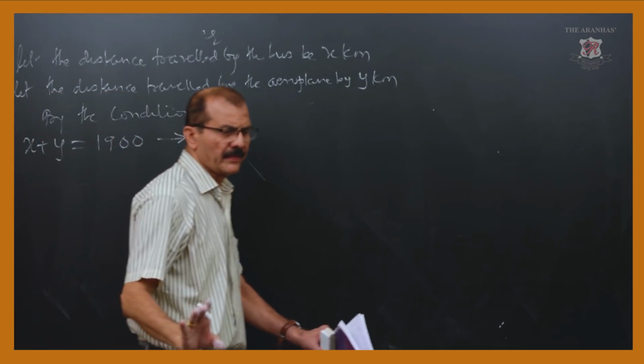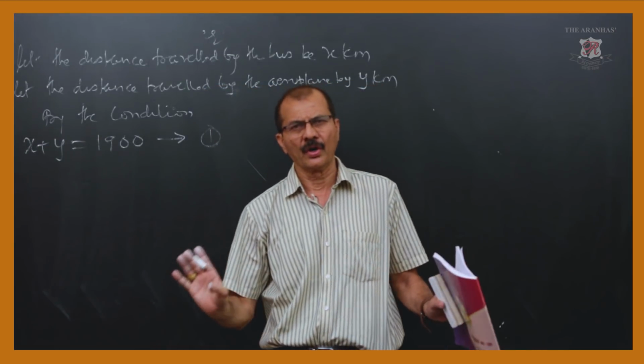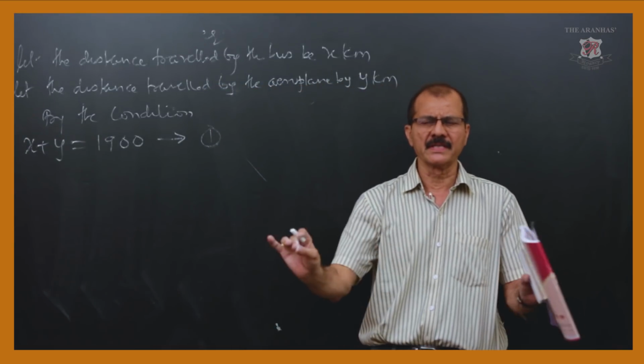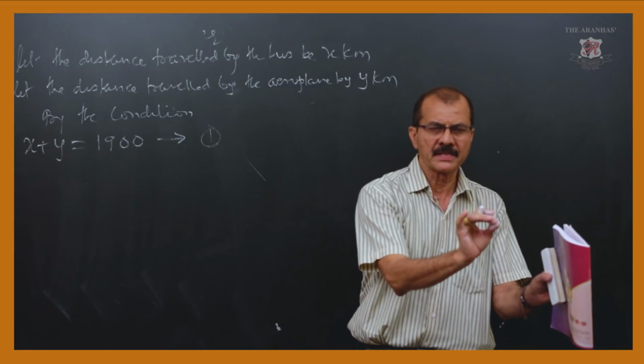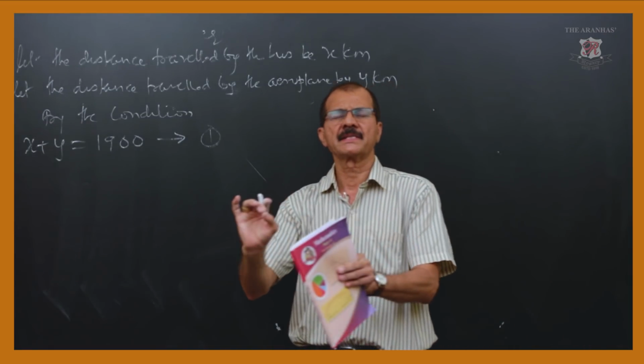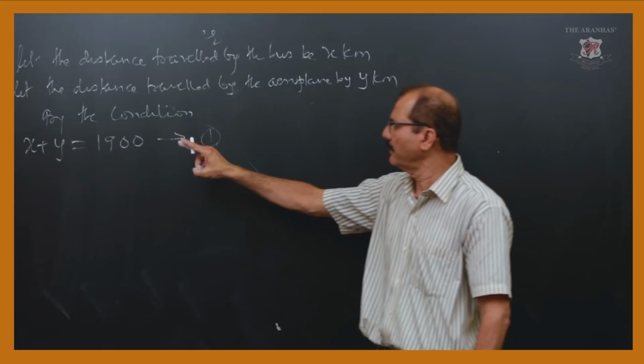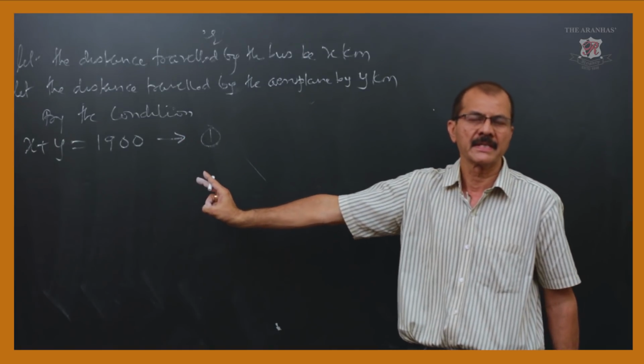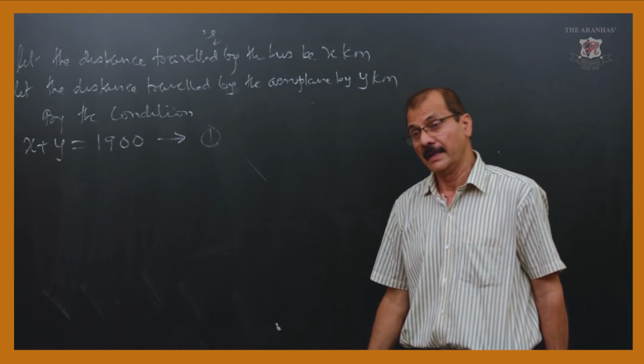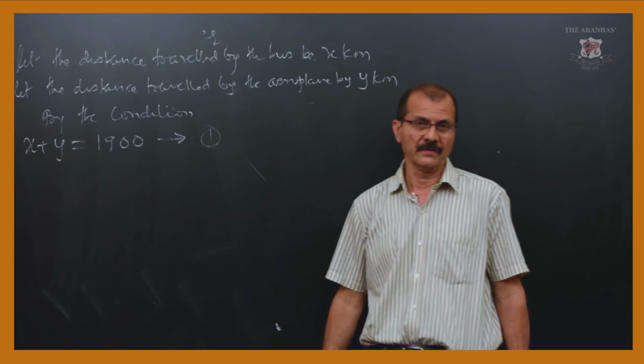So, the first equation you got, simple, it was total distance. Total distance means distance travelled by the bus plus distance travelled by the aeroplane, which will be equal to the total distance, 1900. Now, the second equation.